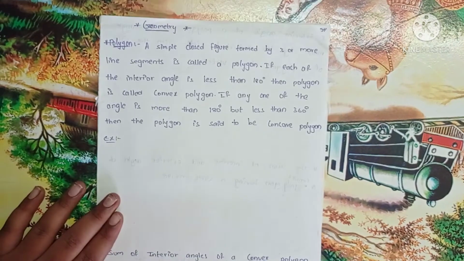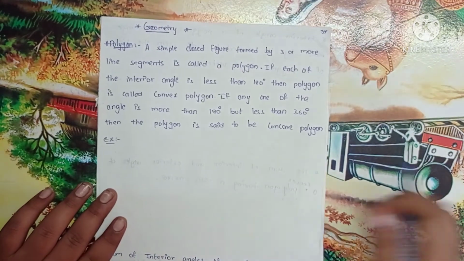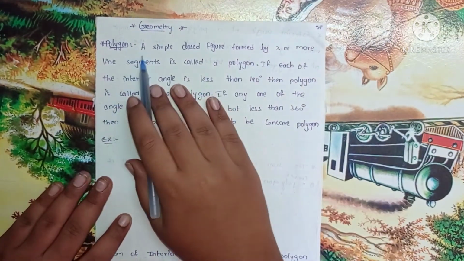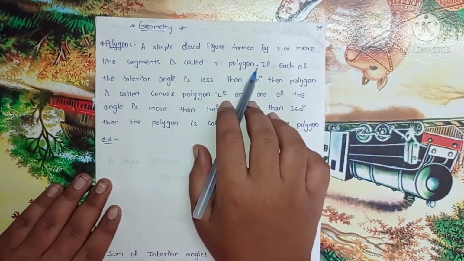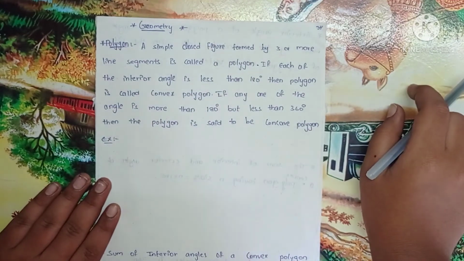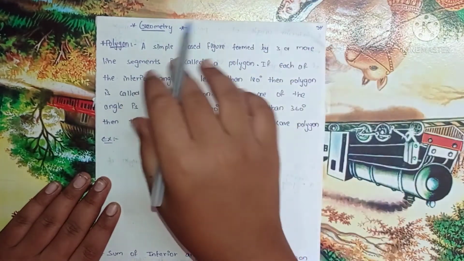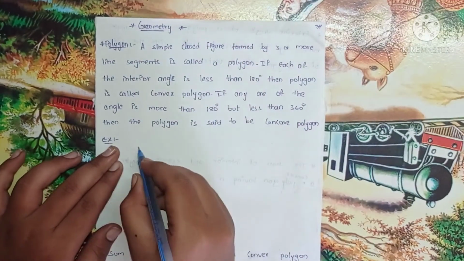First we will know what is meant by a polygon. A simple closed figure bounded by three or more line segments is called a polygon. So a simple closed figure bounded by three or more line segments is said to be a polygon. We will take an example.